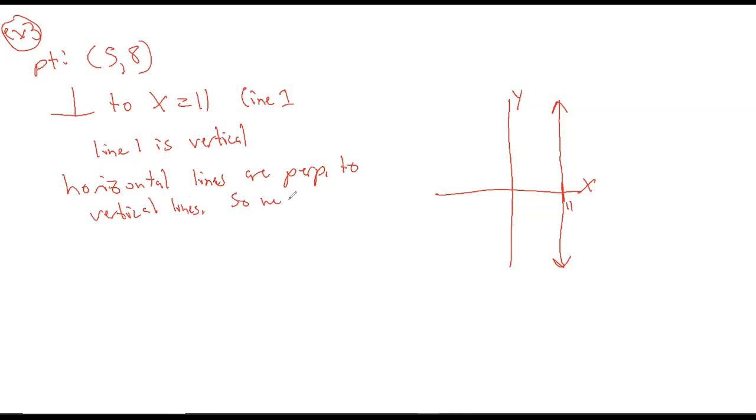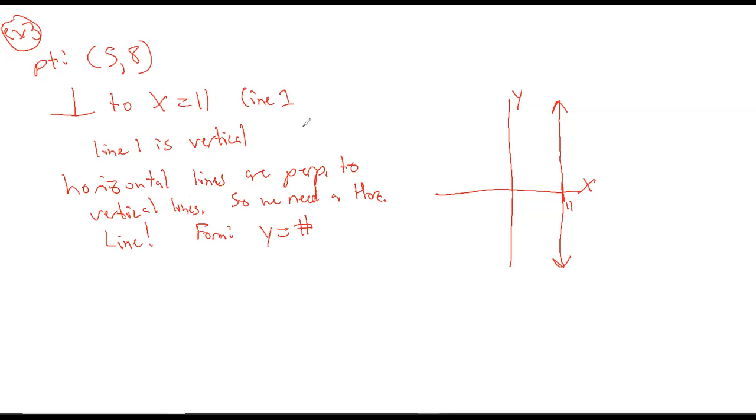So we need a horizontal line, which means the form has to be y equals a number. If we were making a vertical line, we'd make another x equals a number, but we need y equals a number.